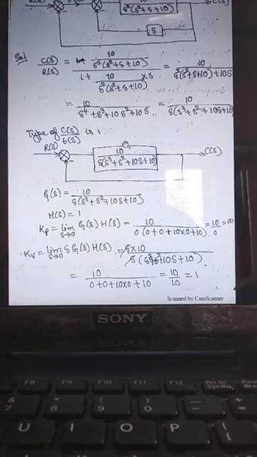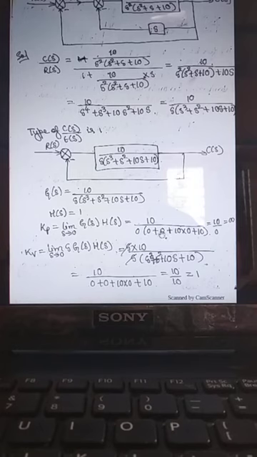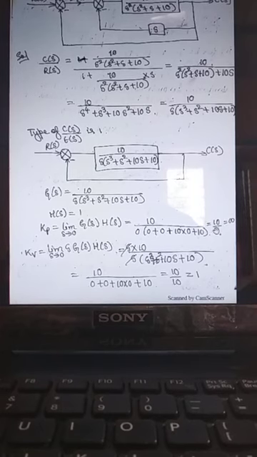Now we need to find out Kp, Kv, Ka. Kp is equal to limit s tends to 0 of G(s)H(s). Substitute G(s) and H(s). Next, if you substitute s tends to 0, that means instead of s you substitute 0, you will get 10 divided by 0, that is infinite.